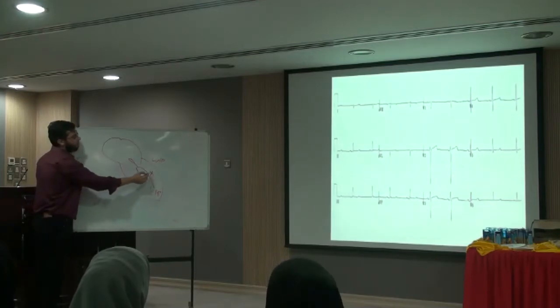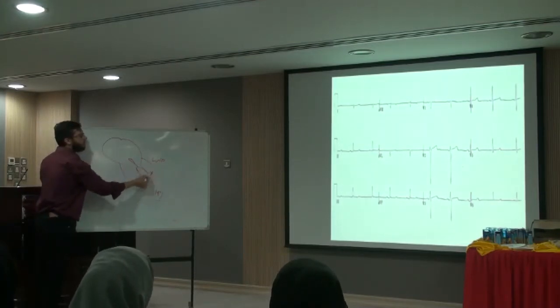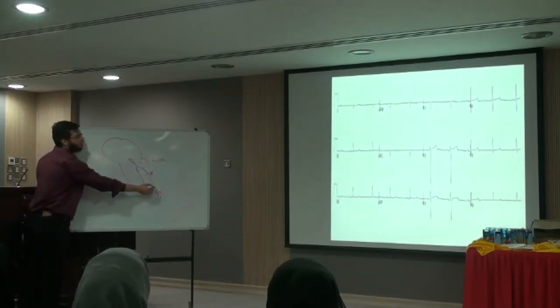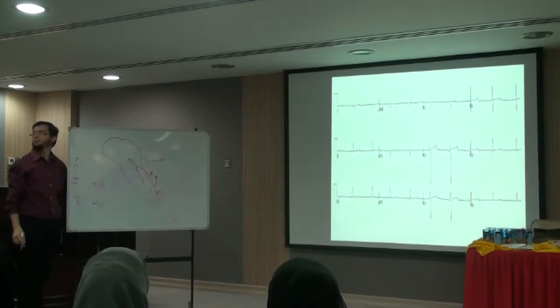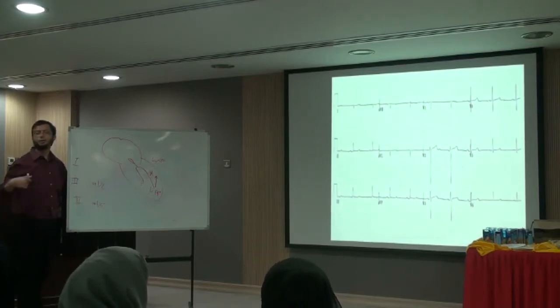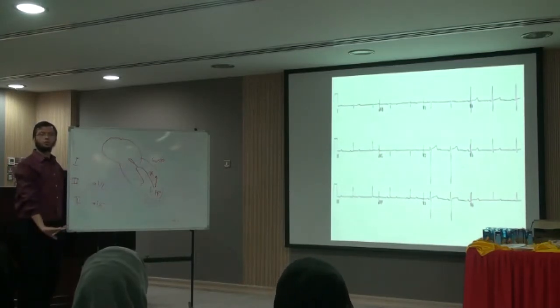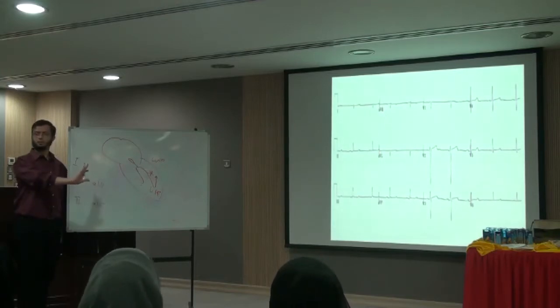Now, what about this area? It should be supplied. So what will happen? Unopposed activation from the left posterior fascicle to the left anterior fascicle. The right bundle supplies its side, and the left ventricle you manage yourself. So the left posterior fascicle will go to supply the left anterior fascicle.